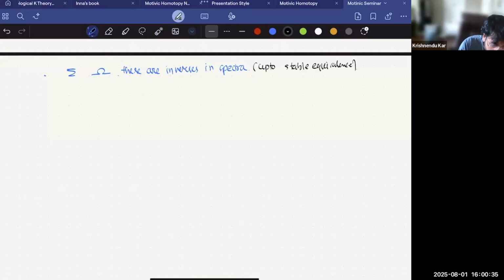What do I mean by that? That your pi k of x is isomorphic to your pi k plus 1 of the suspension of x, which is the same as isomorphic to your pi k minus 1 of the loop space of x.